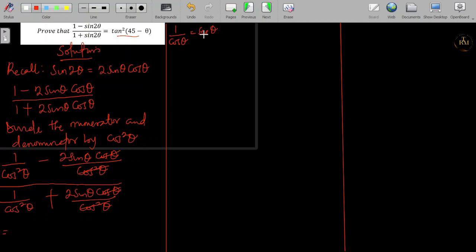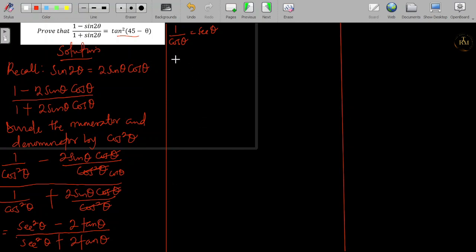So 1 over cos squared theta gives me sec squared theta minus 2. What I have here is sine theta over cos theta, because of the cos theta remaining down here, and sine theta over cos theta is actually tan theta. So I have tan theta, divided by, same thing with the one under, sec squared theta plus 2 tan theta, right?